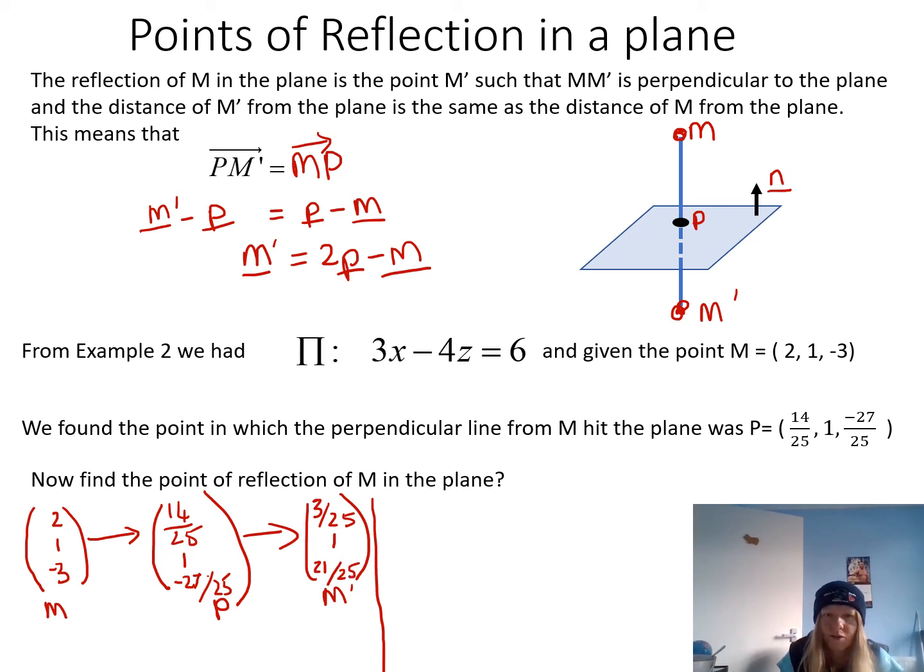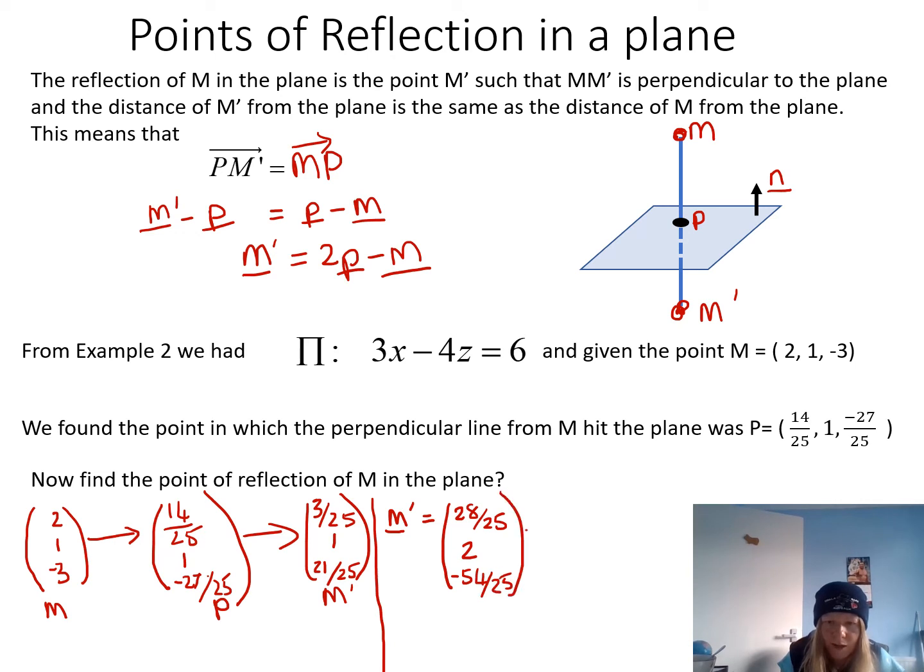Or you could just use this formula here if you want to remember formulas. M dash equals 2P. So times those by 2, you'll get 28 over 25, 2 and minus 54 over 25.